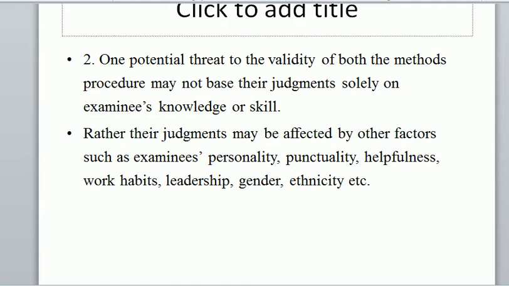Rather, their judgment may be affected by other factors such as examinee's personality, punctuality, helpfulness, work habits, leadership, gender, ethnicity, etc. It means other factors also affect the decisions of judges, and these factors also influence the judge's decision making process.